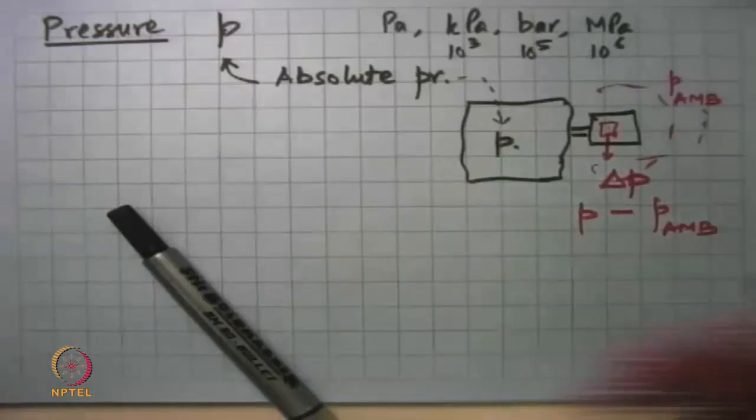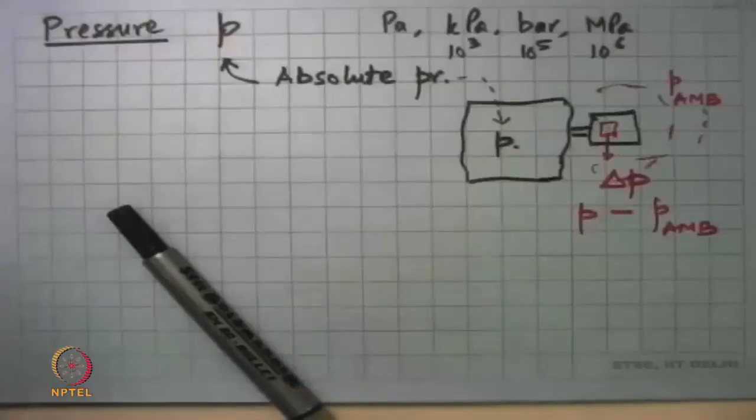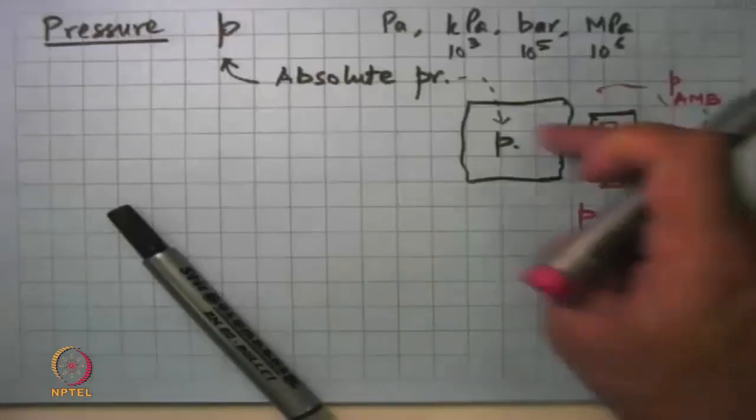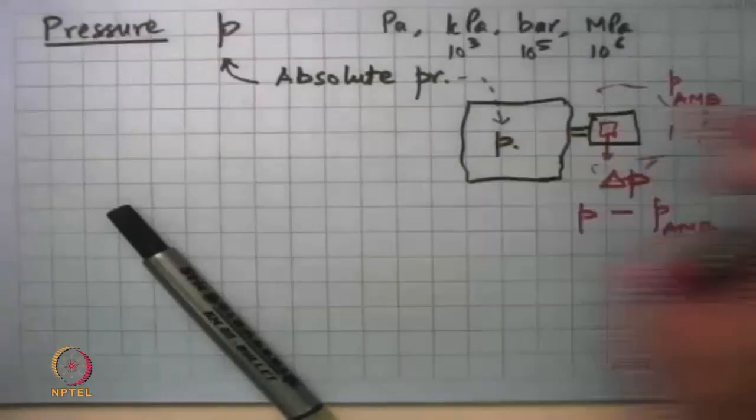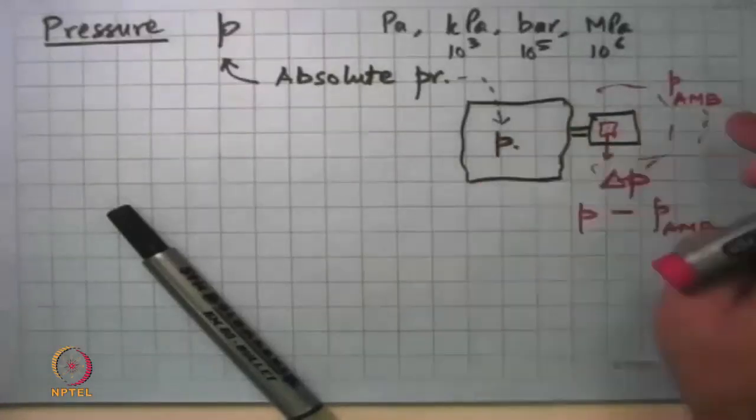So when you go to the petrol pump to fill air into your tire, and that person does it and shows it that it is 1.2 kg per square centimeter, that is the pressure which is the difference between the actual pressure in the tire, the absolute pressure in the tire, minus the ambient pressure.